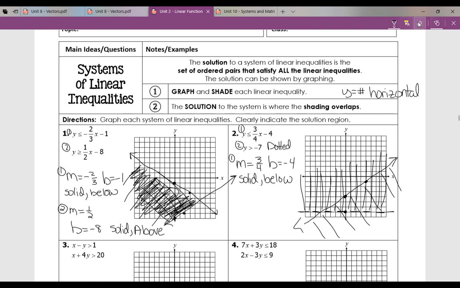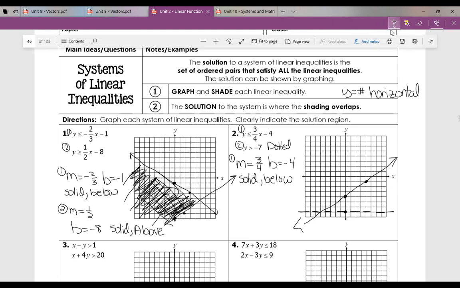So I'm going to take out all these lines. So when it's all said and done, this was the area with the overlap. That was where we shaded below that line, but above this one. Any questions about that?